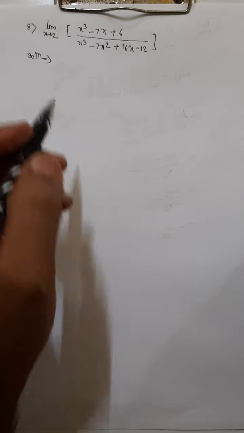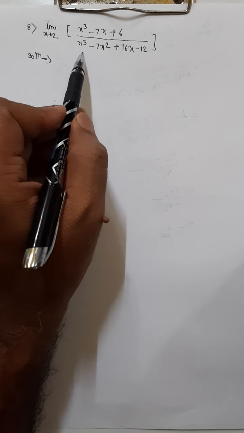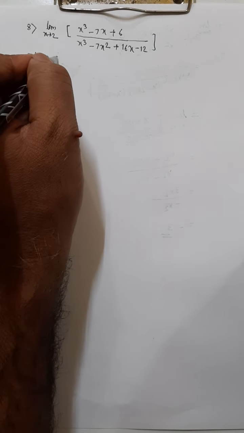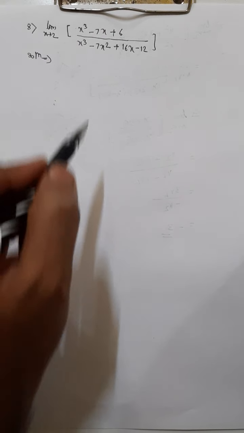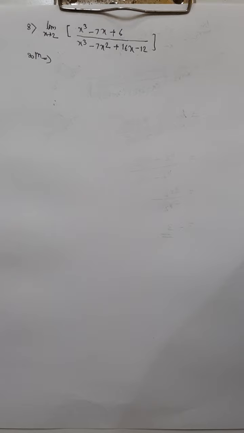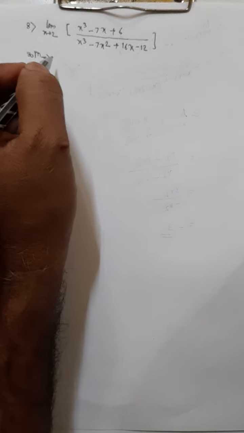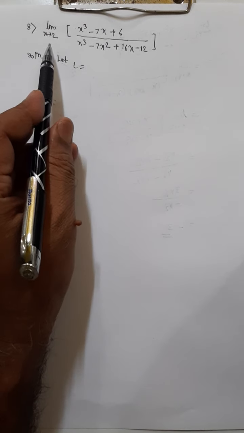Next problem, evaluate limit as x tends to 2, x cube minus 7x plus 6 divided by x cube minus 7x square plus 16x minus 12. So first, note that we have to factorize both numerator and denominator. Both contain polynomials of degree 3, so we have to factorize. For our convenience, we write here let capital L, note that capital L stands for the given limit, given problem.